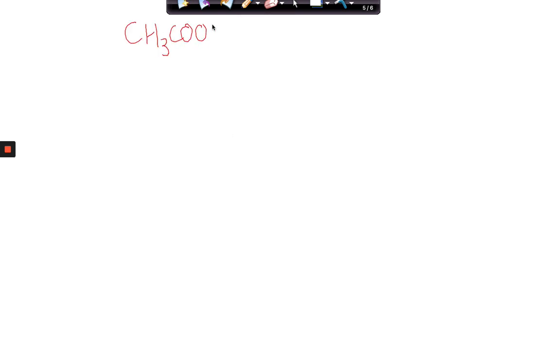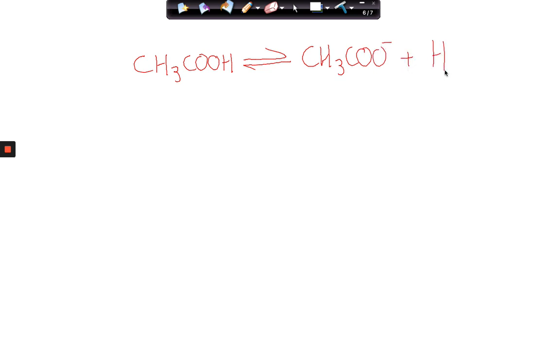CH3COOH. Don't like that either. Just a second. I'm going to need a little room to write up above. CH3COOH. In equilibrium, we've agreed that we're going to do this and then this, like so.